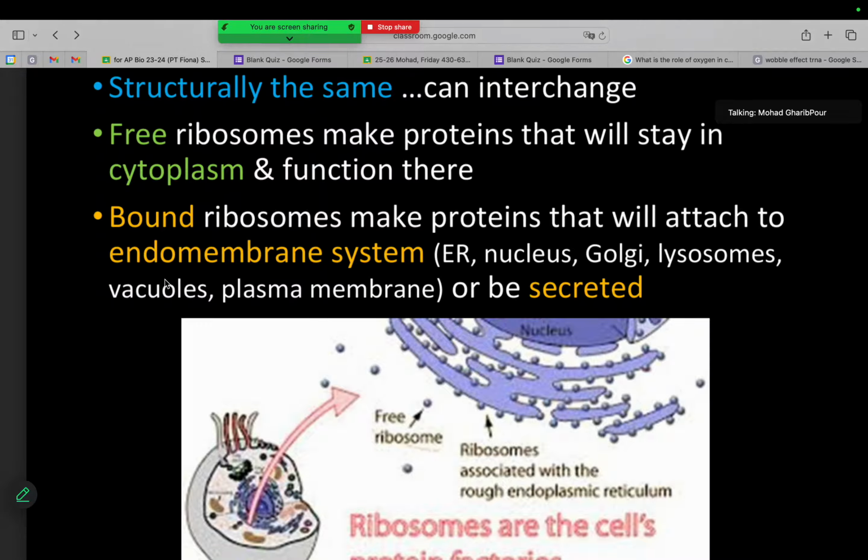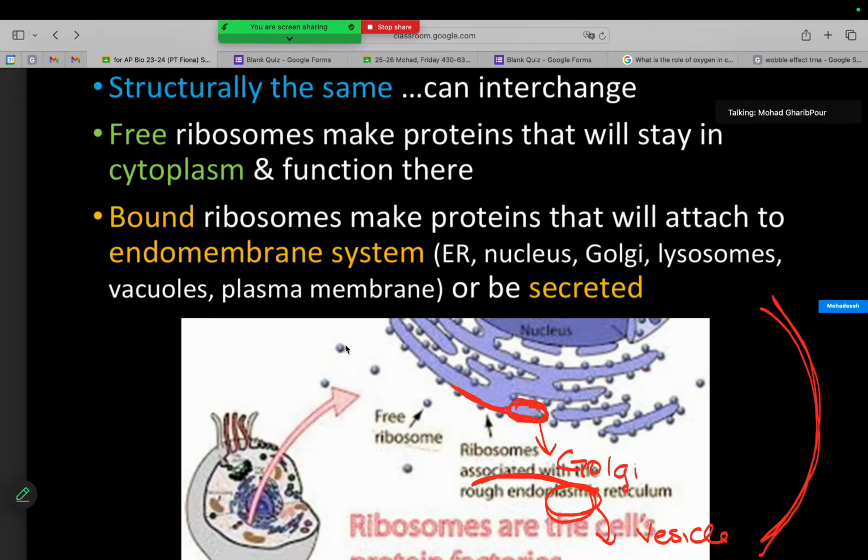Remember, the endomembrane system is this membrane. We said that it's continuous. This is the membrane that will pinch off, go on to the Golgi, integrate into the Golgi, become part of the Golgi, and then later, again, pinch off, become a vesicle, and then go to my cell membrane, plasma membrane.